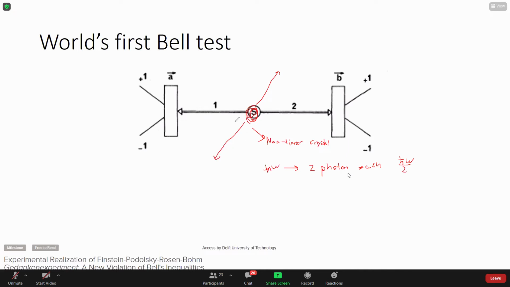So every time you do it, there's a small probability that one will go to the detector on side A, and the other will go to the detector on B. The second thing that is very interesting is that if one of the photons goes like this, because of preservation of momentum, the other one has to go exactly the opposite way. Otherwise there would be energy and electric field moving in one direction, which would be momentum going one direction, so it has to be cancelled by something going in the other direction.